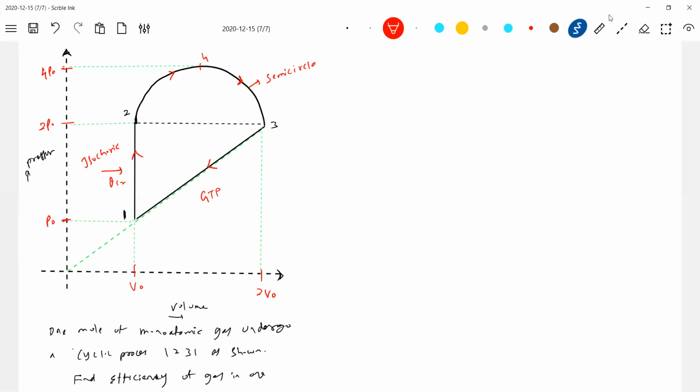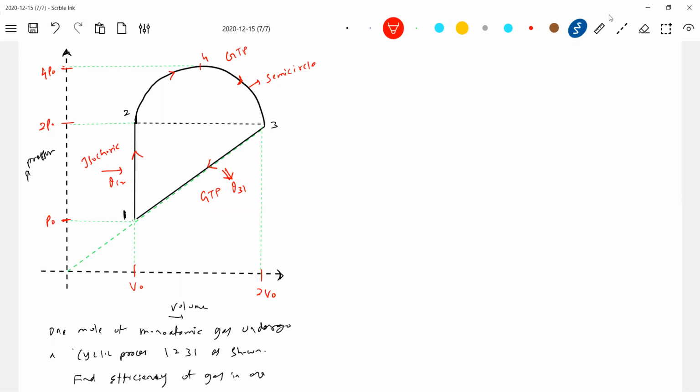Again, it's a general thermodynamic process. And what about 3-1? Work done, volume decreases, work done negative, finish over. Temperature will decrease, no? So therefore, both are negative. So heat will be rejected. No need to write down a formula. Straight away you can predict.